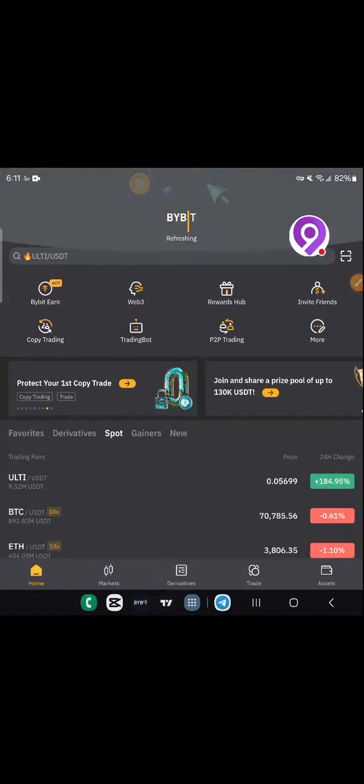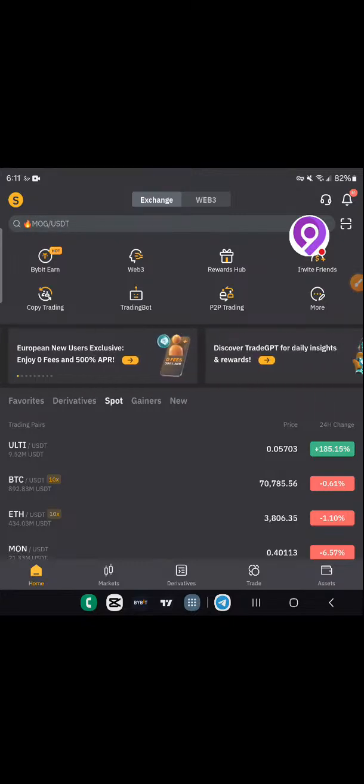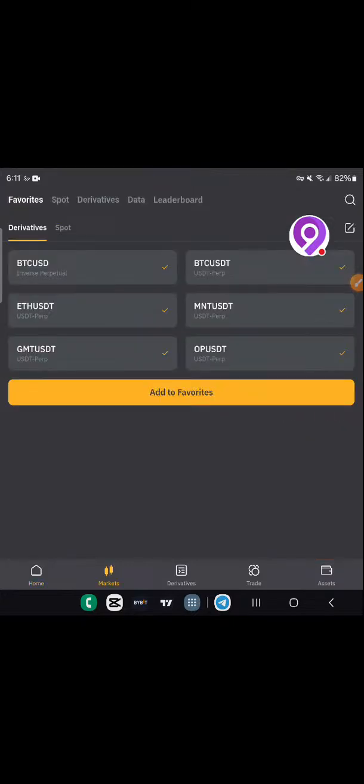Yes. So the next thing you want to do, if you want to take a trade, let's start all the way from market. So market has the list of all the coins that are listed on Bybit. So we have favorites, we have spots, we have derivatives, data, and launchpad. Then the next place you want to go is spots.